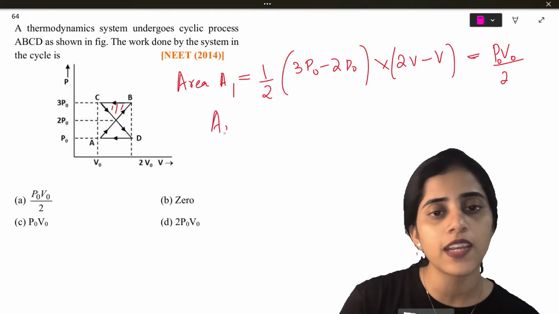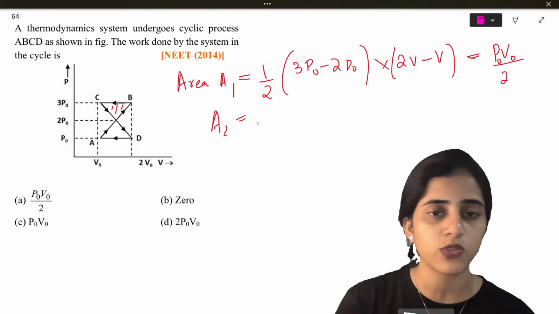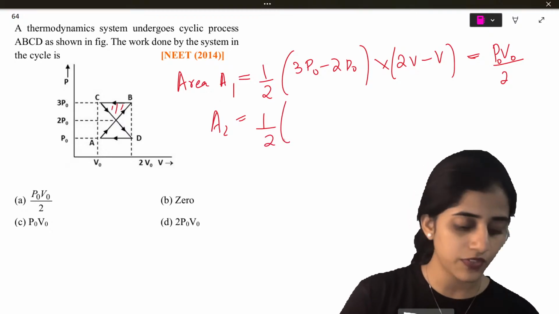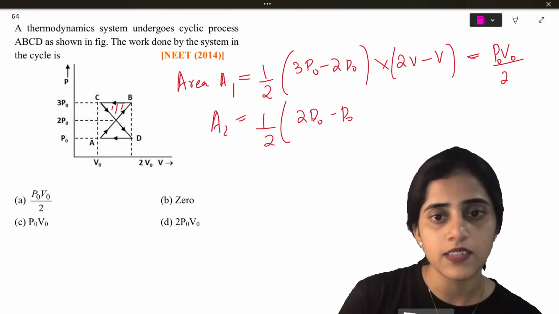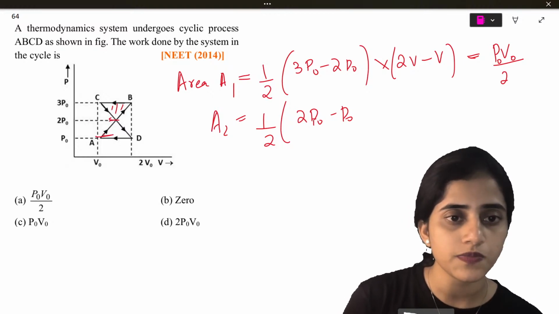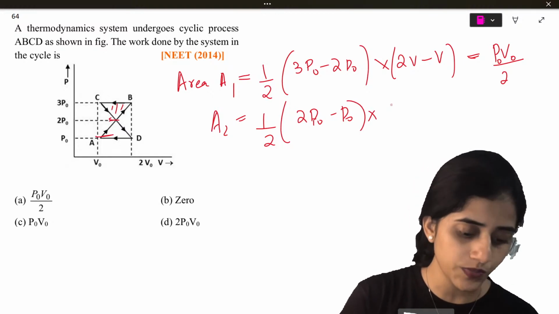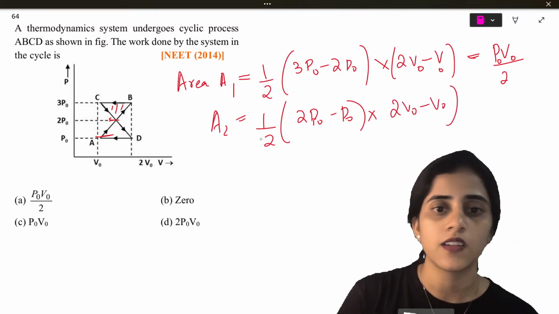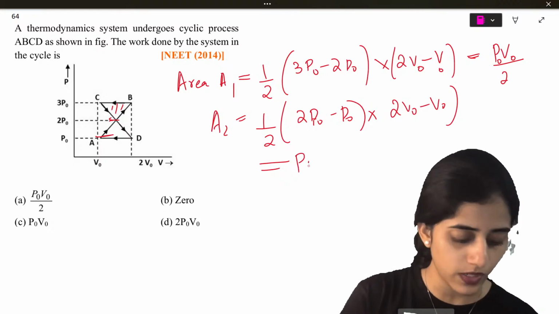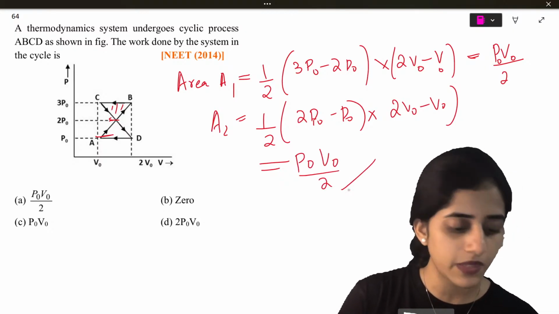Now let's find out the area A2. Quickly, you should find this out by yourself. How much is area A2? Half times 2P0 minus P0, these two, into 2V0 minus V0. And this is also going to be equal to P0V0 by 2.